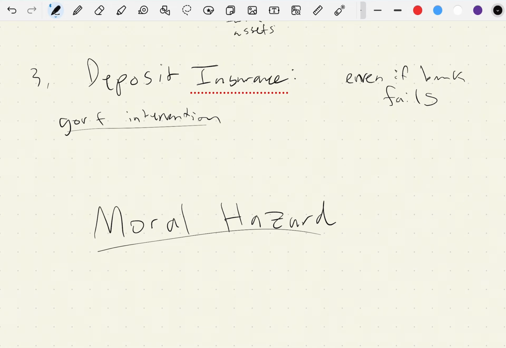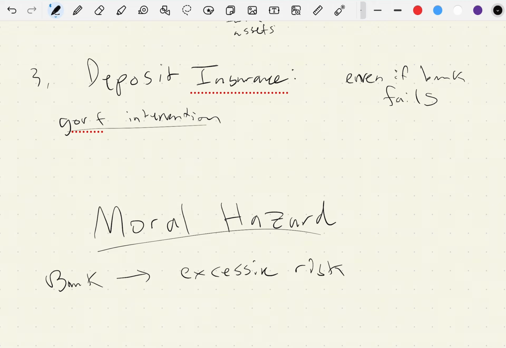Why worry if the bank is making prudent loans when the government guarantees your deposit? So banks can take on excessive risk. We have a second-order moral hazard, not just for the lenders, but the bank taking on excessive risk.